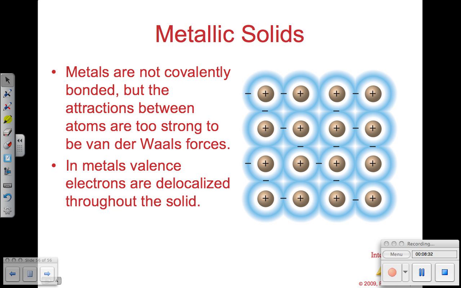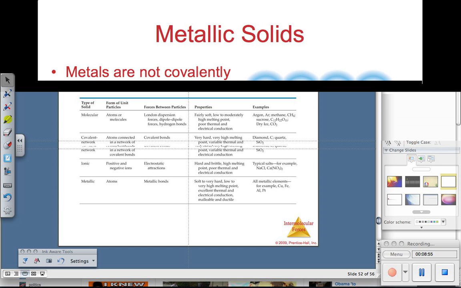So the electrons can move around the whole quantity of metal atoms. This is why metals are such good conductors of electricity: in a solid form of the metal, electrons can easily move from one atom to another pretty readily. And so you can conduct electricity and do a variety of functions with it.